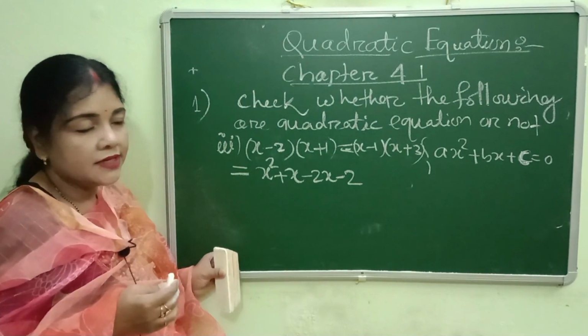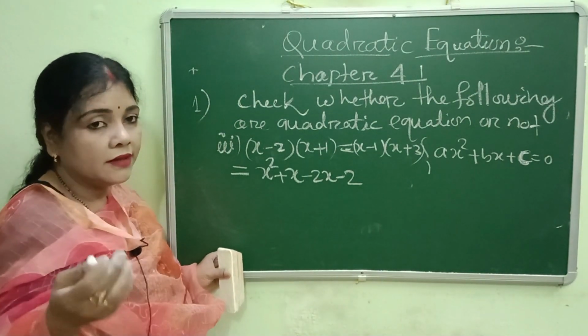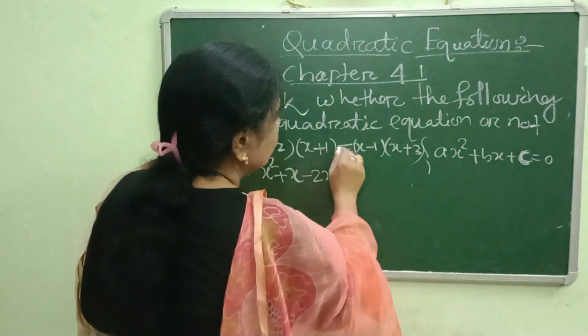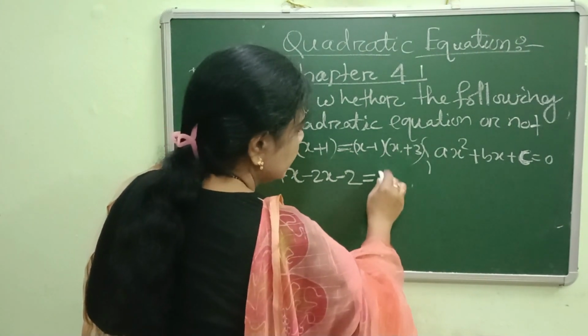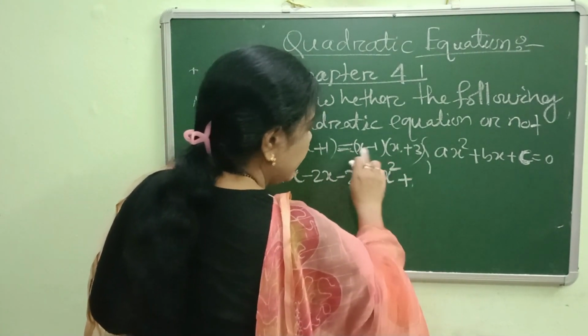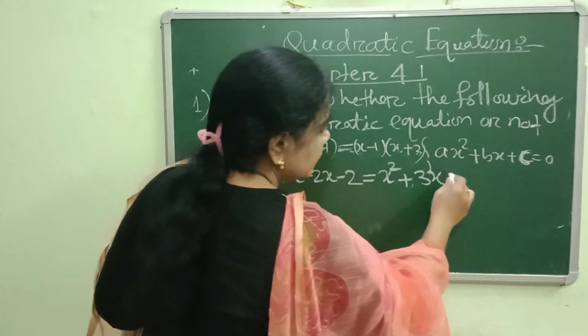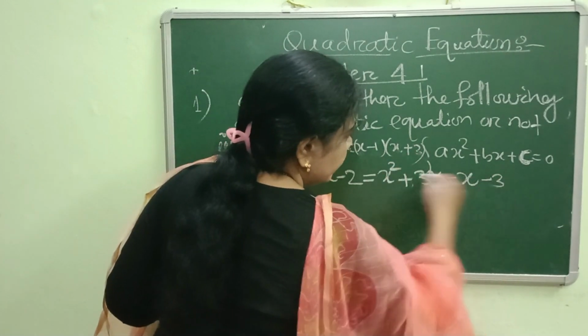I hope this is a very general simplification, as you have already covered it in the previous classes or in the lower classes. So that is equal to x into x, that is x square, plus x into 3, that is 3x, minus 1 into x, that is minus x, minus 1 into 3, that is minus 3.